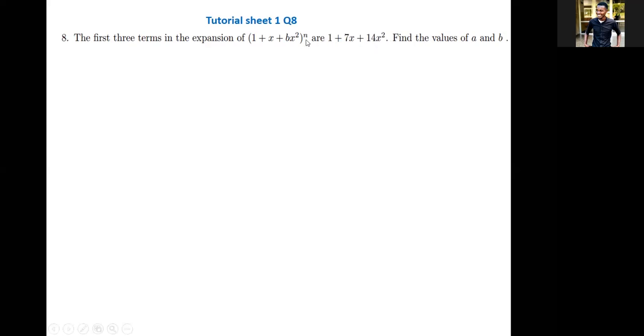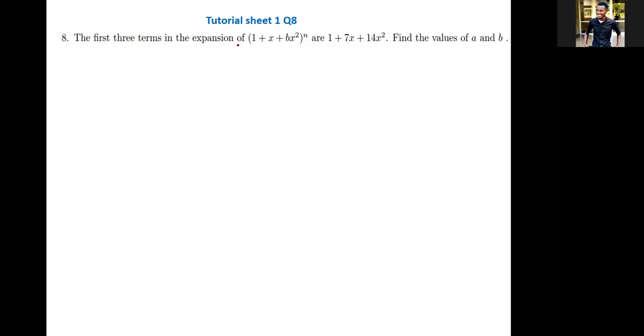So in short, what they're asking me to do is to expand this up to the third term, get the first three terms in the expansion of this, and then equate them to that.